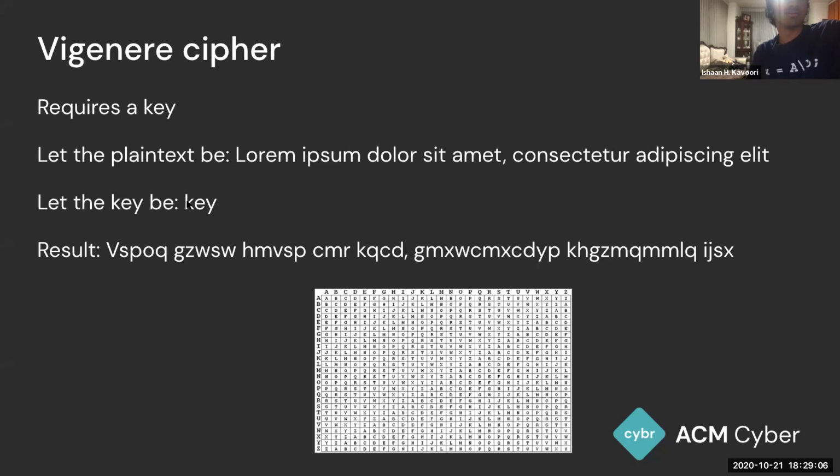So L is matched with K. Then if you go over to this chart, L, K, you get out a V. And then for O, that's going to be matched with E. In the chart, that just comes out as S. Then R maps with Y and comes out as P. And then when you reach the end of the key, you start over. So E is matched with K again.